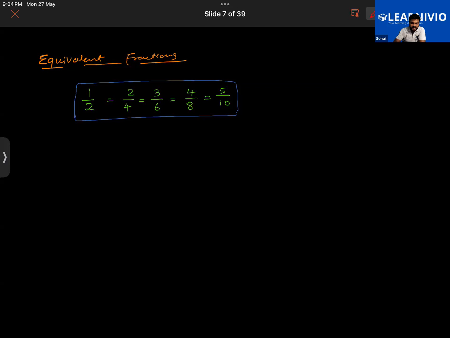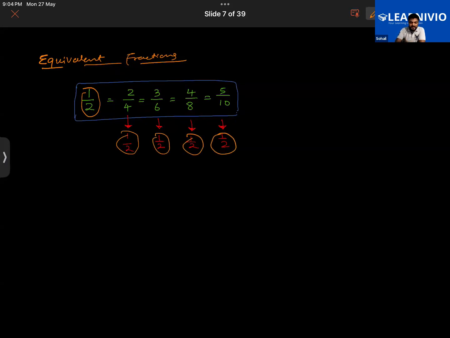Whenever you have two or more fractions, and if they get the same result after simplification, like 2 upon 4 after simplification will be 1 upon 2. What about 3 upon 6? 1 upon 2. And this one? 1 upon 2. So after simplification, all of them are equal, no?